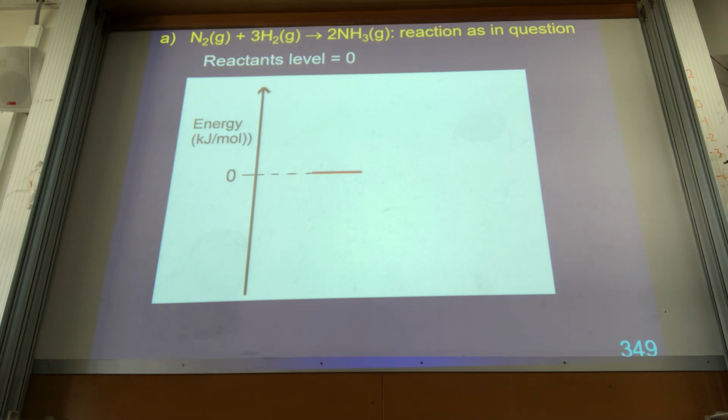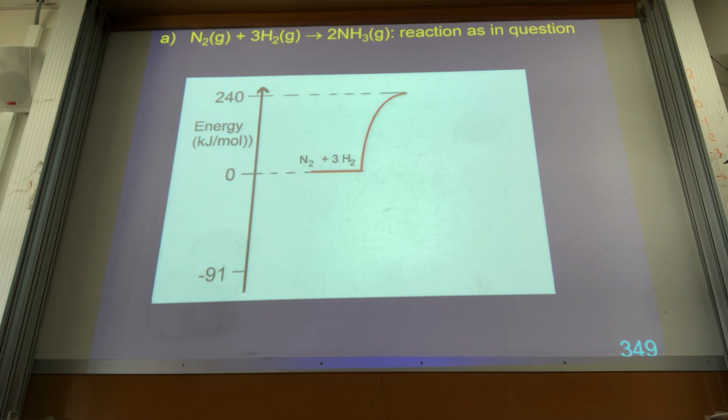So what is the activation energy? 240. So we'll draw an initial hill up to 240. So 0 to 240 gives us the activation energy. Next, delta H is negative 91.